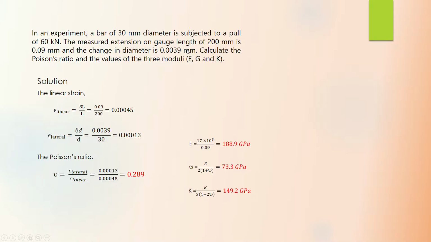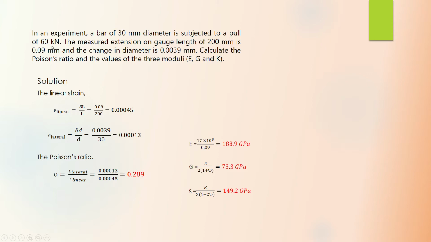Then the next part here: in an experiment, a bar of 30 millimeter diameter is subjected to a pull of 60 kilonewton. So that means it's a circular rod or bar. What is involved here is the diameter and the length.